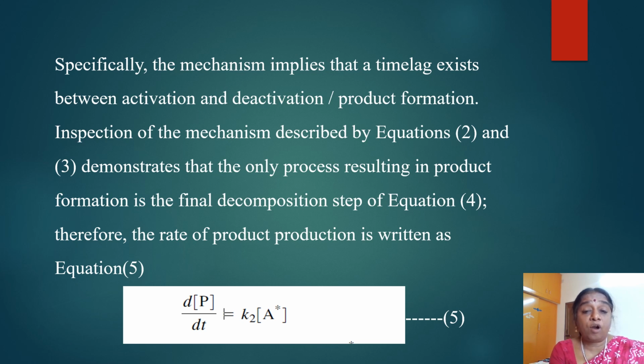Therefore, the rate of product formation is written as equation 5, where dP by dt is equal to K2 into A star, which is our active intermediate formed during the course of the reaction, and we have to identify its rate of formation and rate of decomposition so that we can substitute the concentration of A star by making use of the steady state approximation.